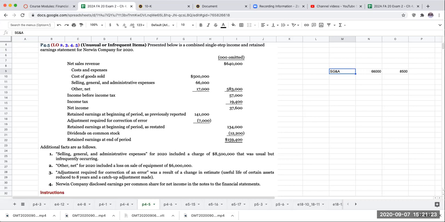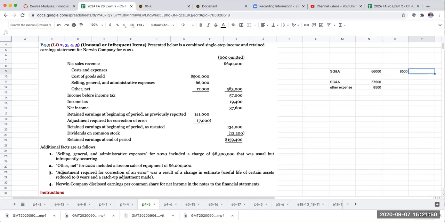So do we want to include it in this 66 million, or do we want to do it like this, where you would have this and then a charge or other expense charge of 8,500, right? And this is getting to the same amount, but how could we determine whether this makes sense?